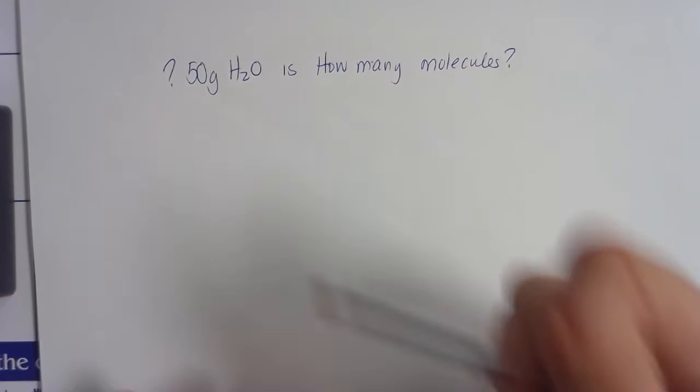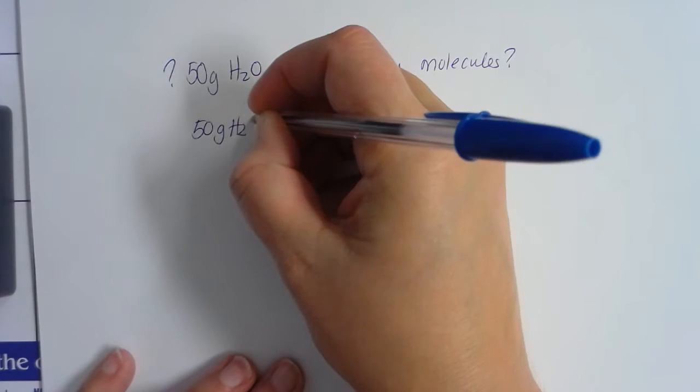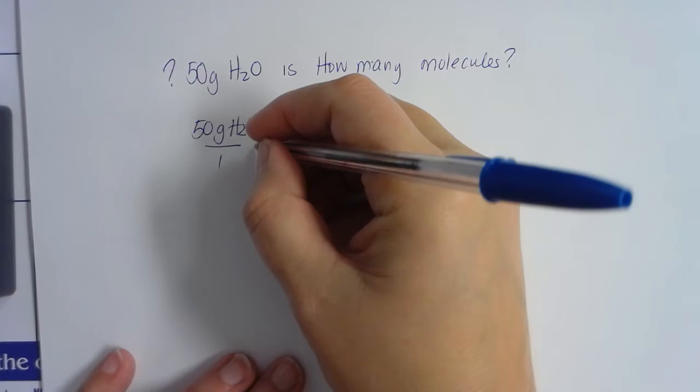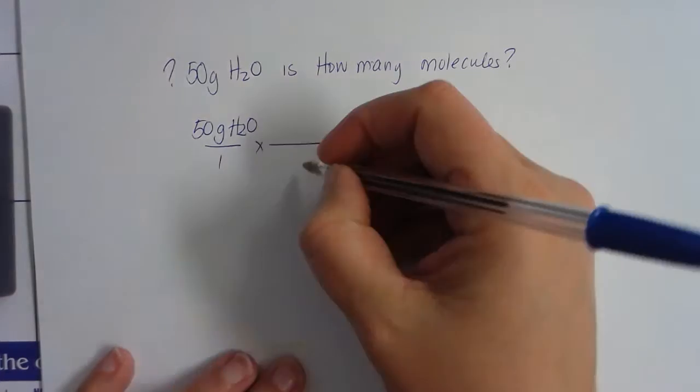So 50 grams of water is the starting number from the problem. We put that over 1, right? Okay. What unit goes on the bottom of the next fraction to cancel? Grams of water.